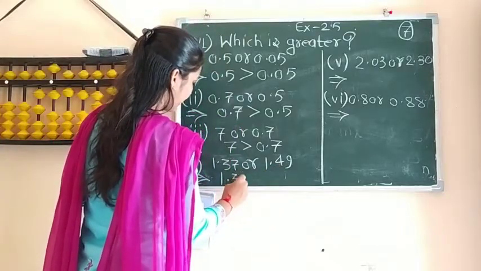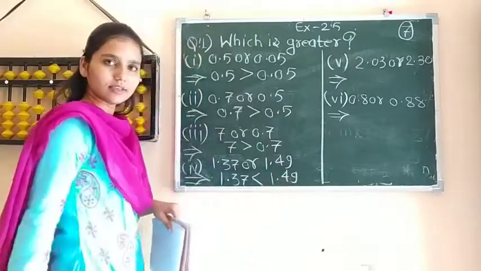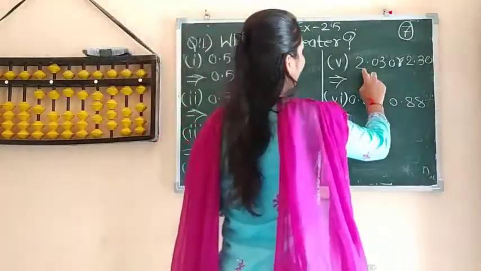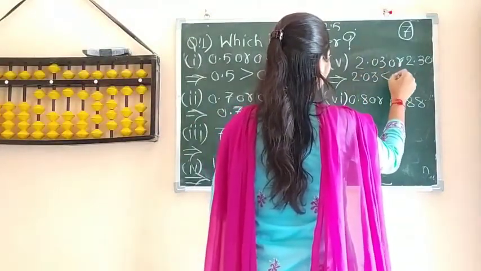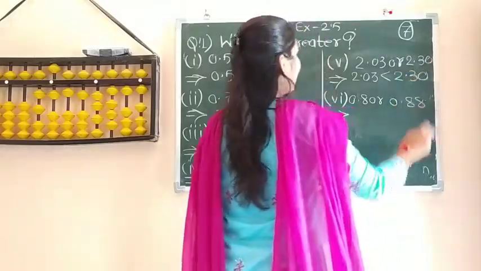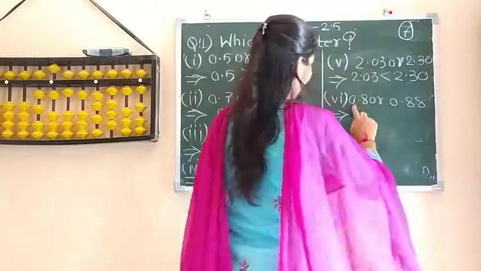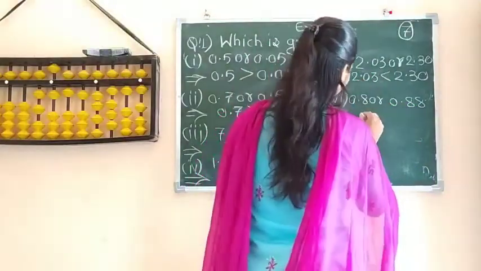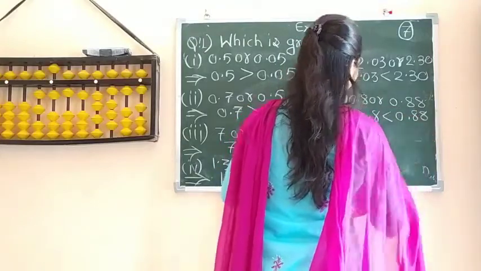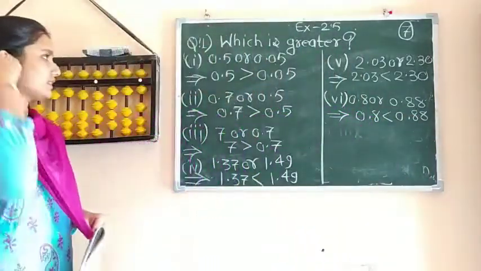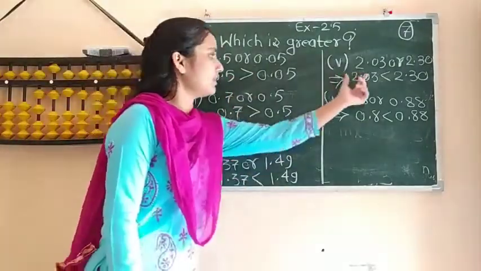So 1.37 is less than 1.49, means 1.49 is greater. Next is 2.03 or 2.30. So 2.03 is less than 2.30, 2.30 is greater. Next is 0.8 or 0.88. So 0.8 is less than 0.88. In this way, you can write which is greater or which is smaller by putting the appropriate sign in between them.